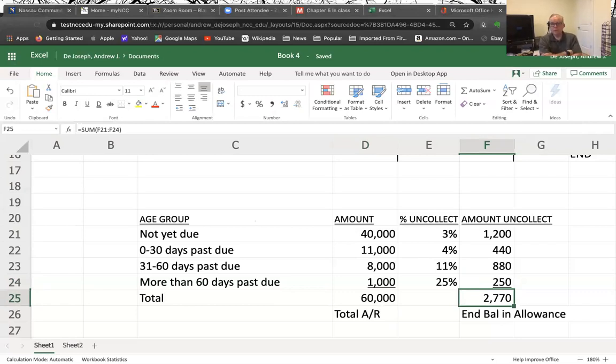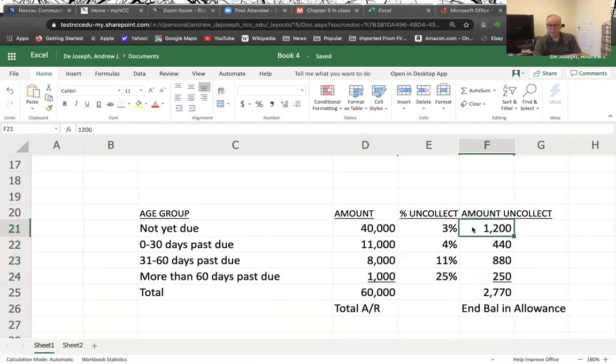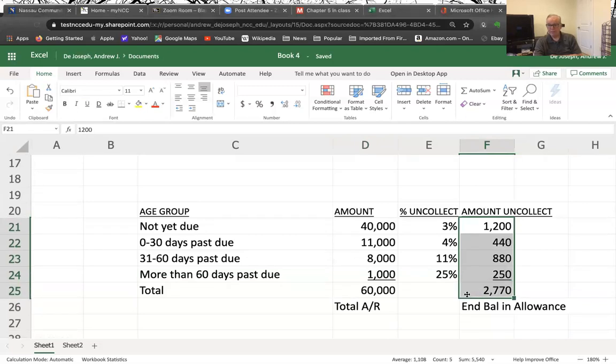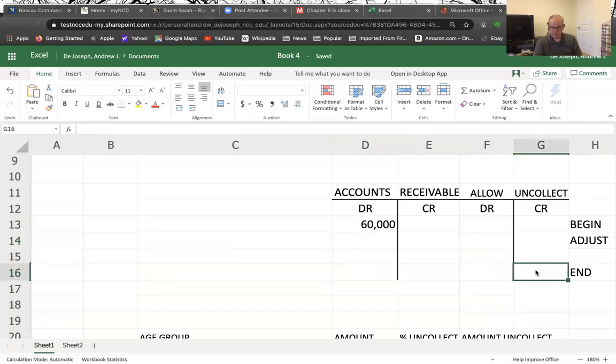Okay, so if you do the arithmetic here, multiply the numbers in this column times the percentages in this column, you'll get these numbers. And then when you add them together, you get 2770. And that 2770 is this number. It's the ending balance in the allowance for uncollectible accounts.